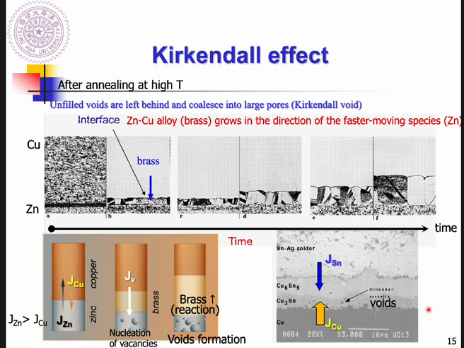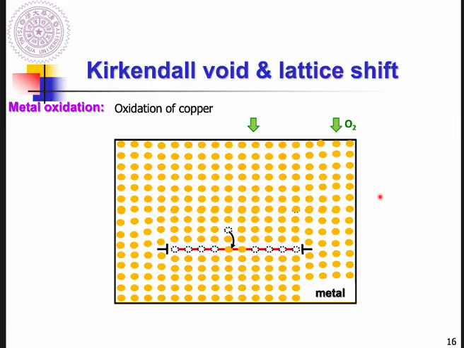This is some data to show you the interface movement and also the void formation. Okay, besides the AB diffusion couples, you can also observe the Kirkendall effect in the metal oxidation process.